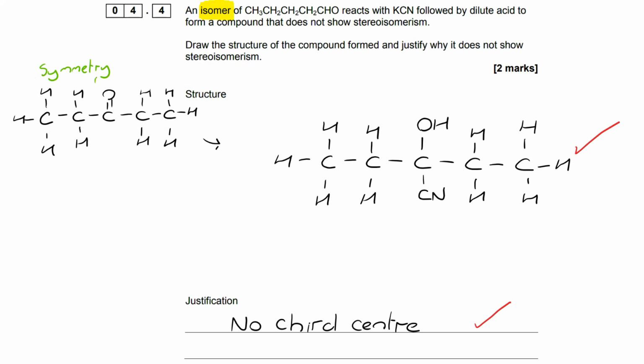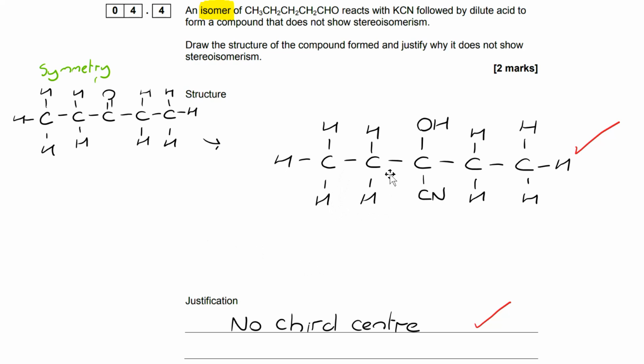Now, when you actually work through to the product that you're going to get with the CN and the OH, that's the structure that you can see. We're going to get my CN and my OH both coming off that middle carbon, the 3rd carbon. So when you then try to find chiral centers, you can see going from left to right that on the first one we've got 3 H's, it's not a chiral center.